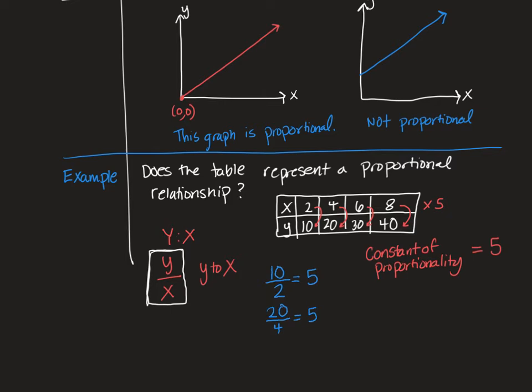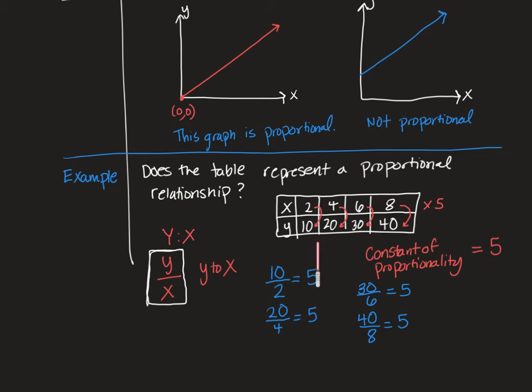Now I'm going to write my next ratio, 30 over 6. And we know that 6 goes into 30 5 times. And my last ratio is 40 over 8. That equals 5. Cool. So if you ever don't see a pattern, you can just write your ratios from y to x, y to x, y to x, y to x. And then you can find the pattern.